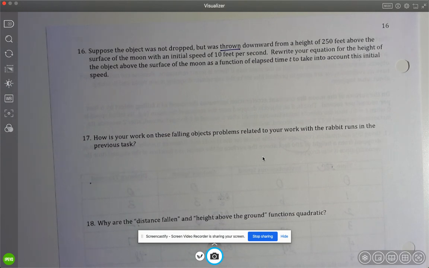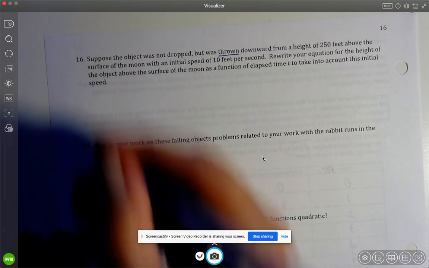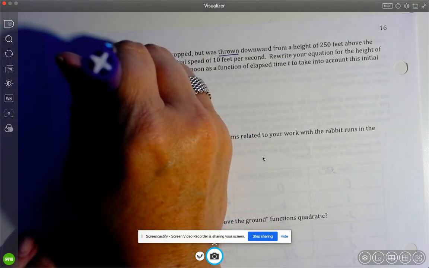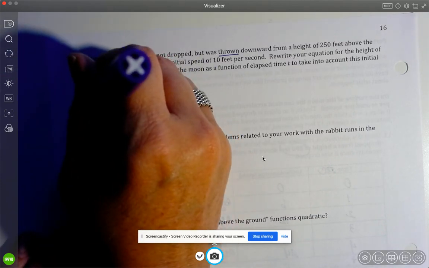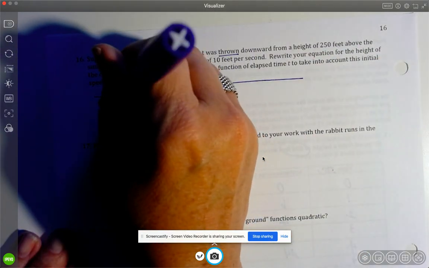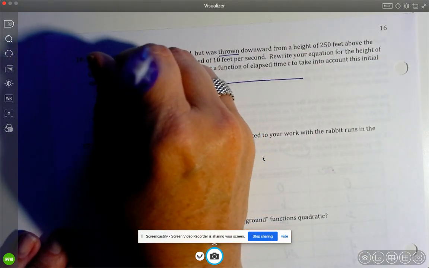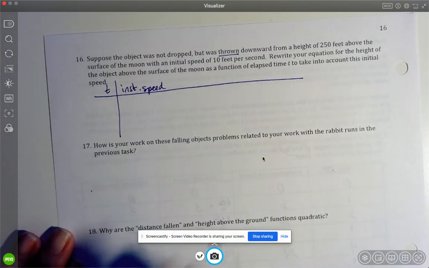draw a new little table. So I have time, right, in seconds. And then I'm just going to put here, and then we have instantaneous speed, which was in feet per second.